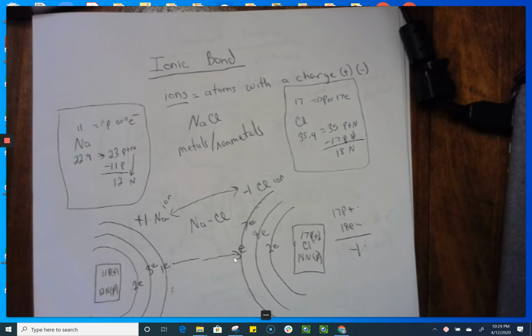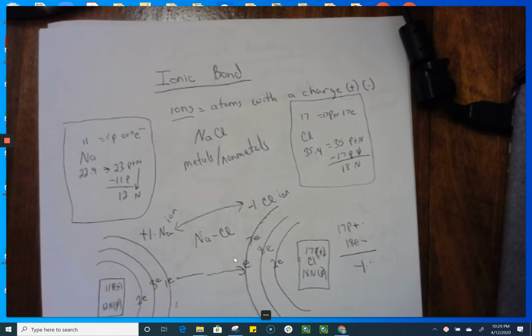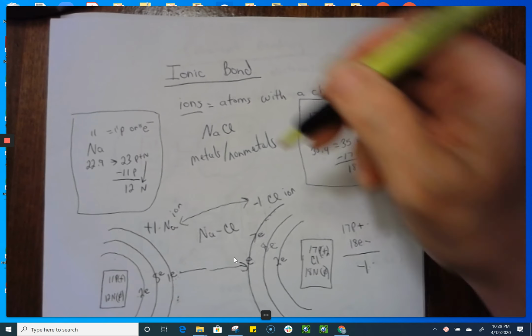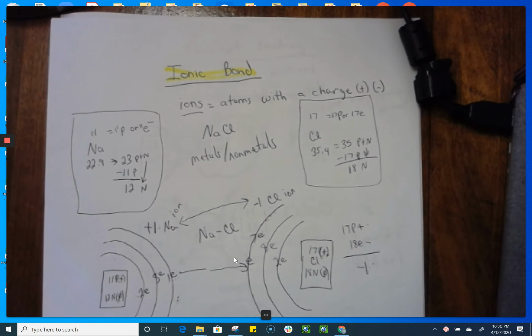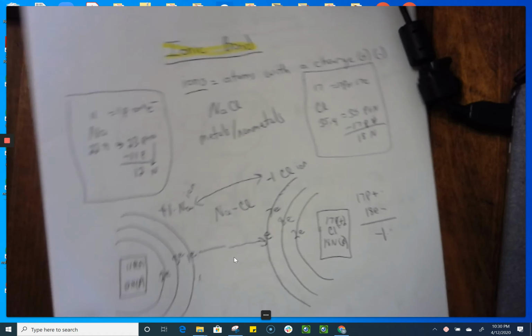And there are two types of bonds that we have discussed. One is an ionic bond, which basically occurs when atoms are trying to stabilize. So they form bonds to become stable, and they're basically stable when their outermost energy level is filled or has 8 electrons.